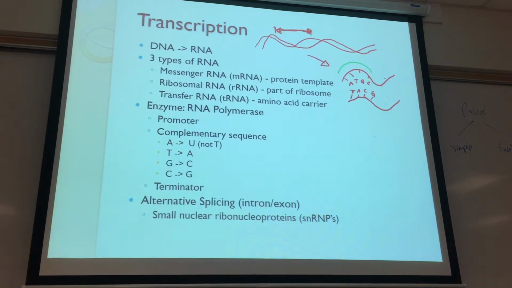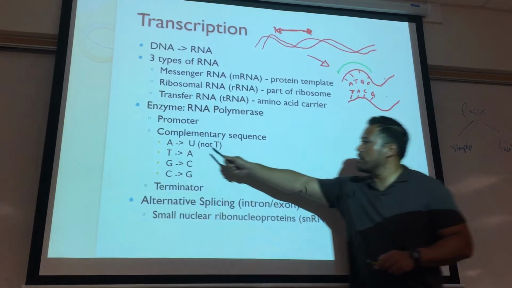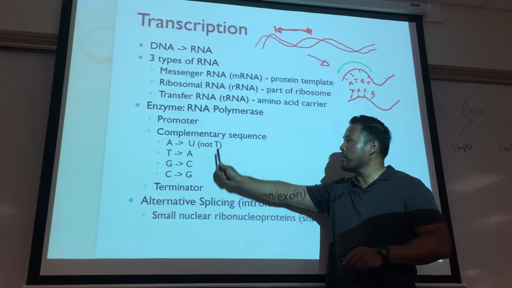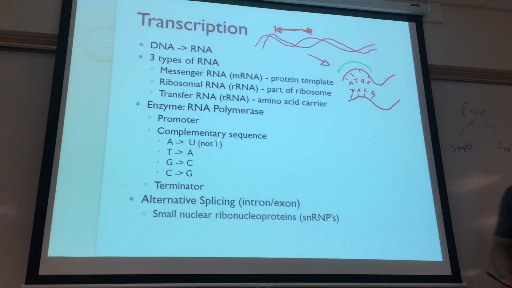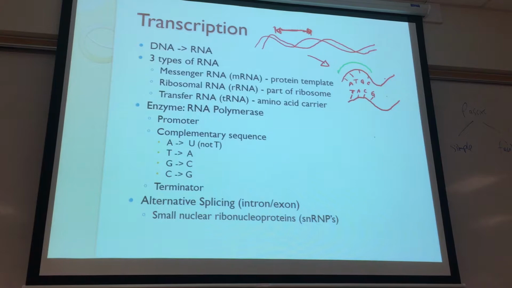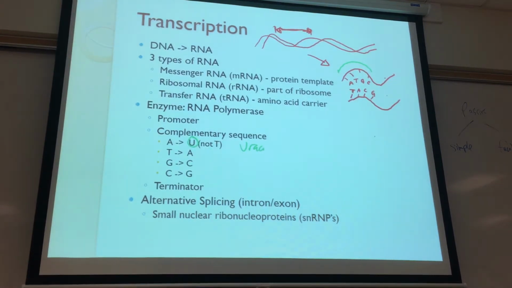Simply put, it's going to turn this into the exact complementary sequence from earlier, except where you see A is supposed to bind to T, in RNA there is no thymine. It actually binds to uracil. So uracil was the fifth nucleotide in RNA.